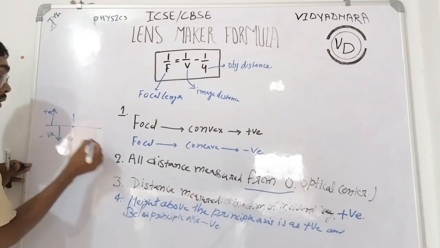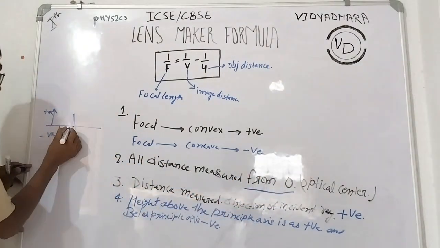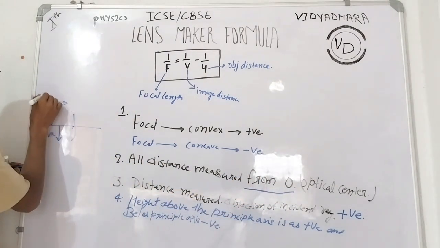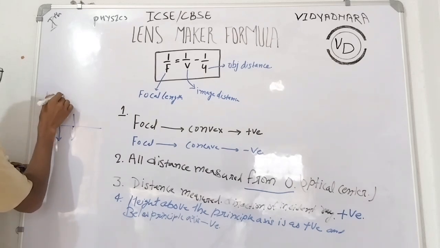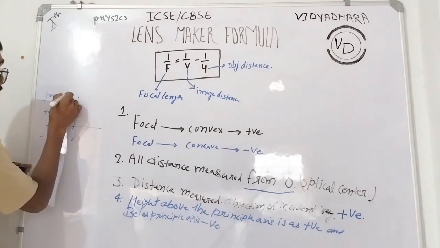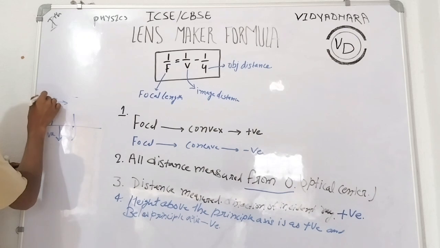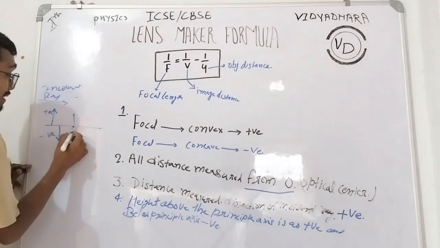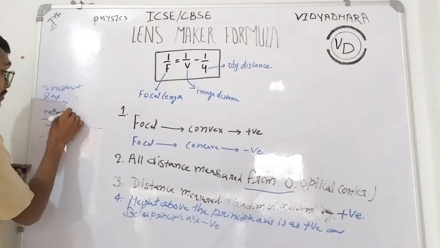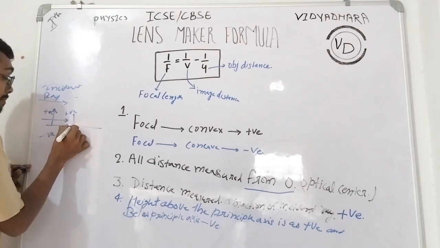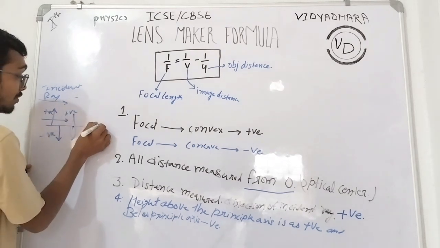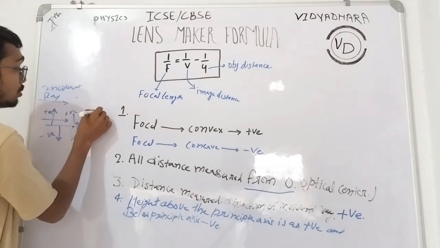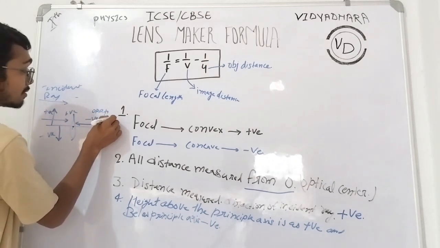This is the optical center O, all distances measured from O. So if we suppose this is the incident ray direction, then this is taken as positive, all distances measured from O. If the distance is measured in this direction, it is taken as negative because it is opposite to the incident ray.